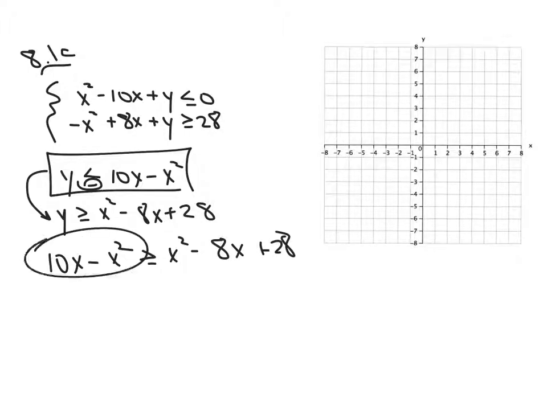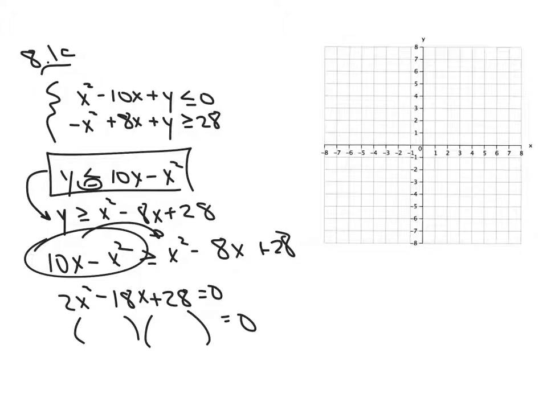So that way I get all my variables the same in one equation. So I'm going to take all this junk, move it over here, and I end up with 2x squared minus 18x plus 28 equals 0. And I can use my handy-dandy factoring skills.